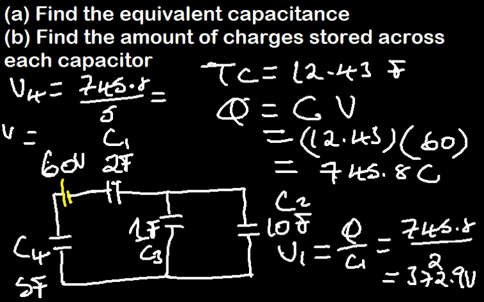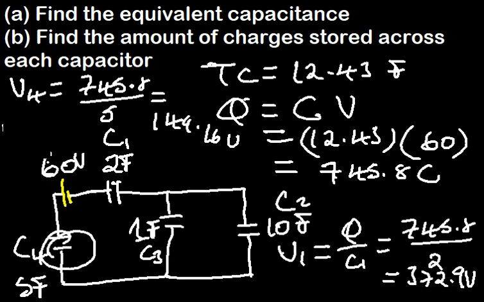Now we have 745.8 divided by 5. We'll have it as 149.16 volts. That is the voltage across capacitor 4.